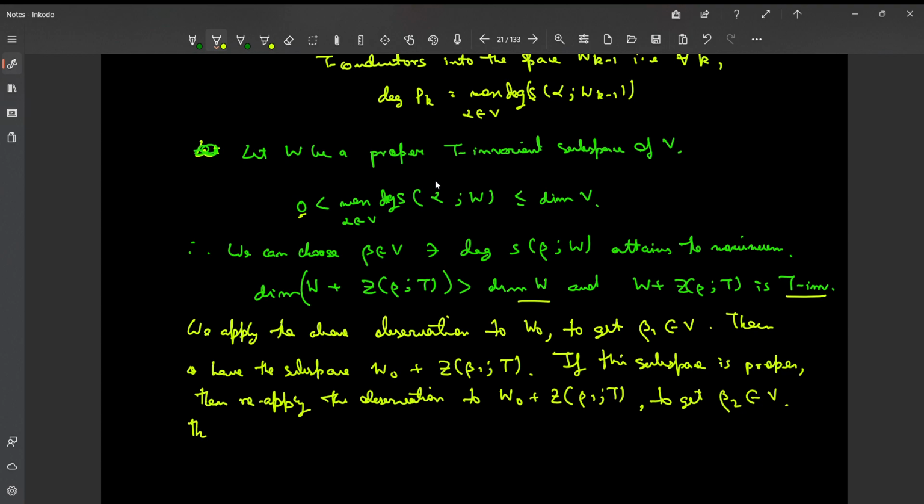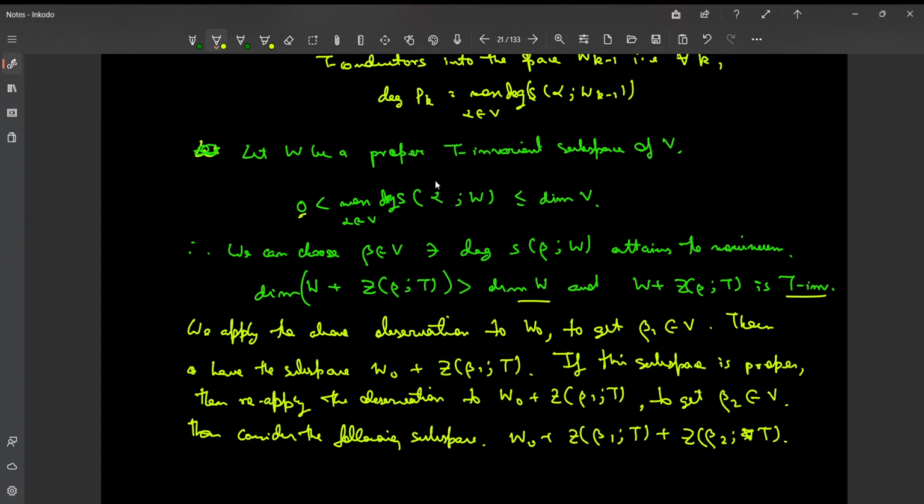Then consider the following subspace. Right. Consider the following subspace. So we already had W naught plus the T cyclic subspace generated by beta 1, and we add the cyclic subspace generated by beta 2 now, right? And the process continues, because again, this is T invariant, right? So if it's a proper subspace of V, then we reapply the observation.